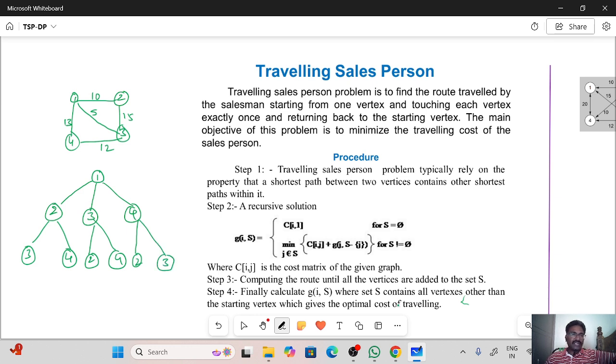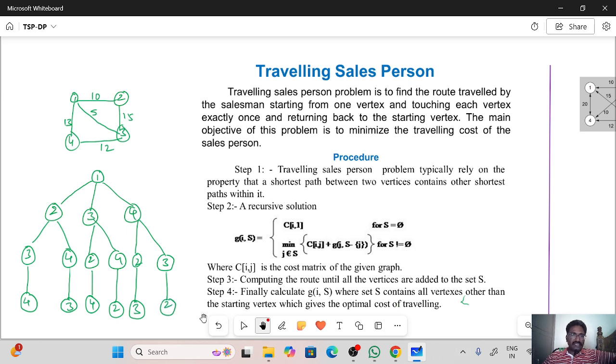Let us assume I have visited the path 1, 2, 3, then there is no choice for us, we must visit 4. In the path 1, 2, 4, there is no choice, we must visit the third vertex. In the same way, if I go over the path 1, 3, 2, then it must be 4. If it is 1, 3, 4, then it must be 2. If it is 1, 4, 2, then it must be 3. And if it is 1, 4, 3, it must be 2.